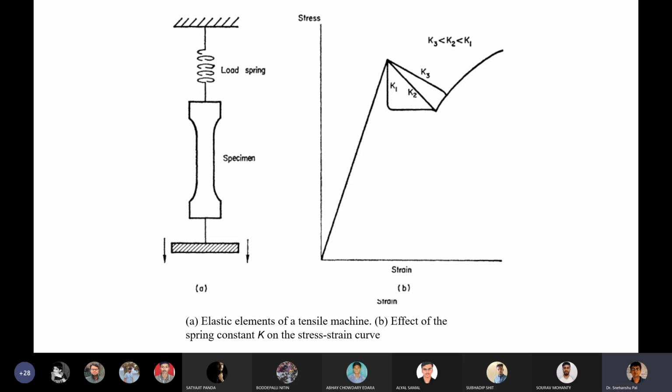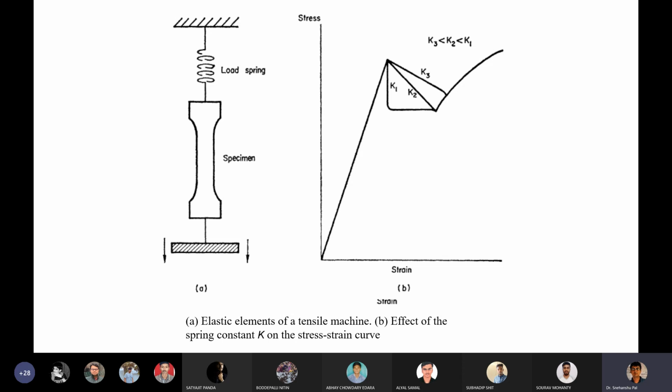So for accurate measurement, and to follow rapid changes in the load, hard machines are necessary. Here the load is measured and transmitted to the specimen by a load cell and strip member. Therefore a very small sudden elongation in the specimen results in a large drop in load. These are the finer details of tensile machine behavior.